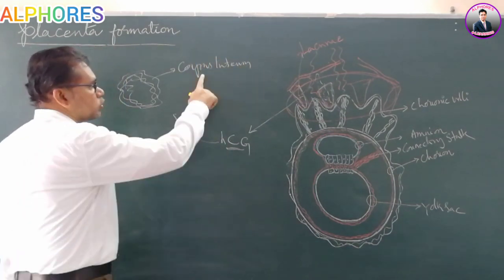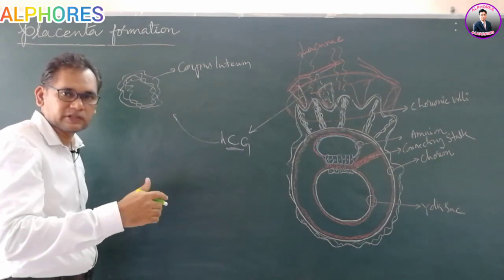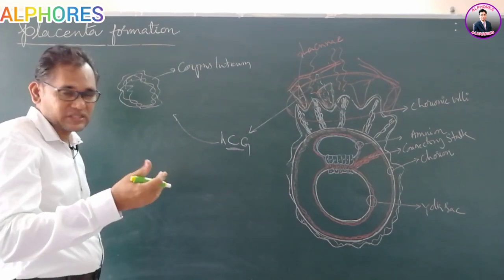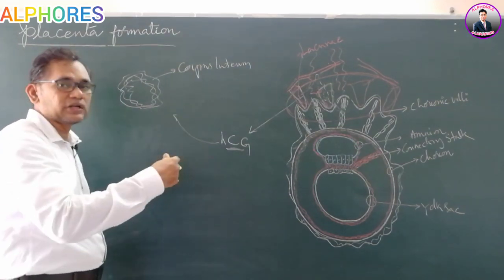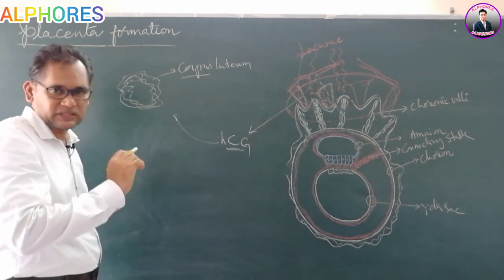Now, the corpus luteum degenerates at the end of the menstrual cycle, the progesterone levels drop when the corpus luteum degenerates and it forms corpus albicans.